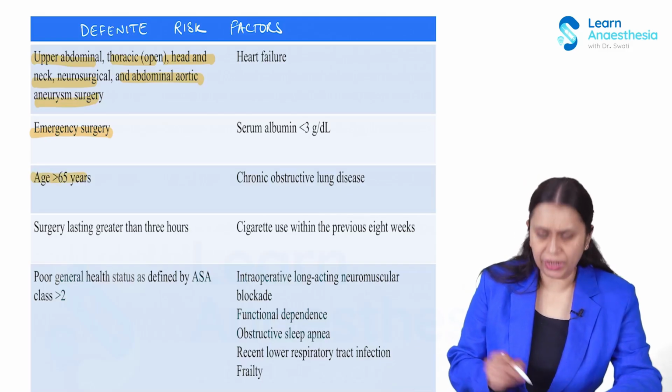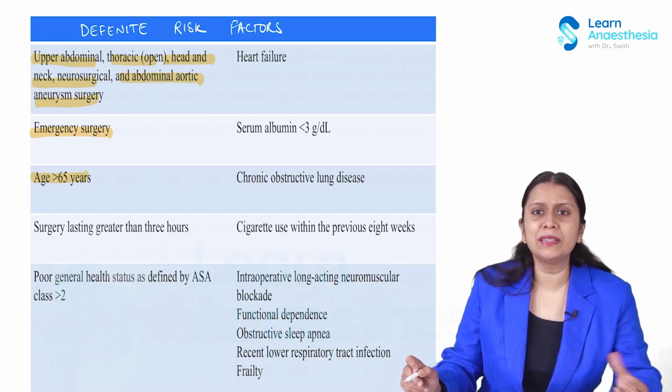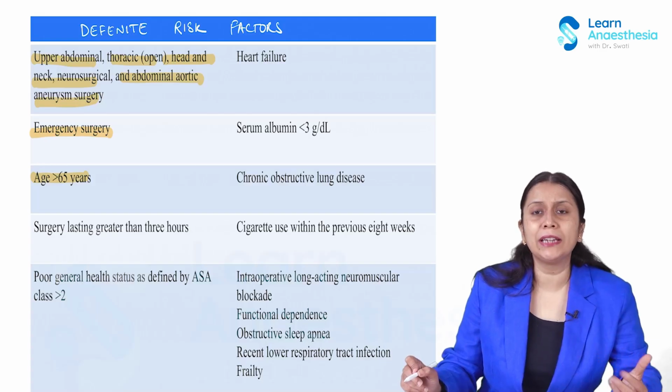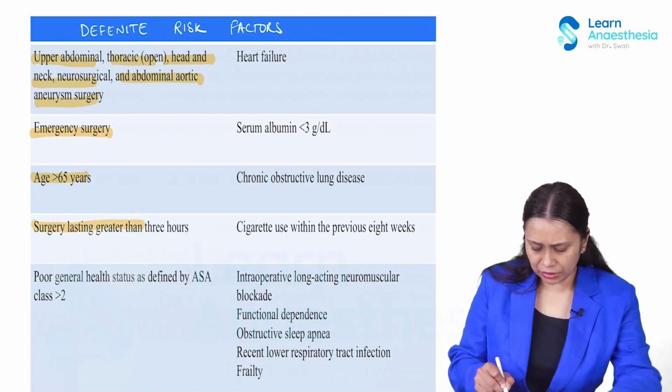Then old age above 65. These patients have a low lung reserve. They have a lot of lung comorbidities, basal atelectasis is very common, and they are very predisposed to the side effects of our anesthetic agents as well. Then surgery lasting greater than 3 hours.